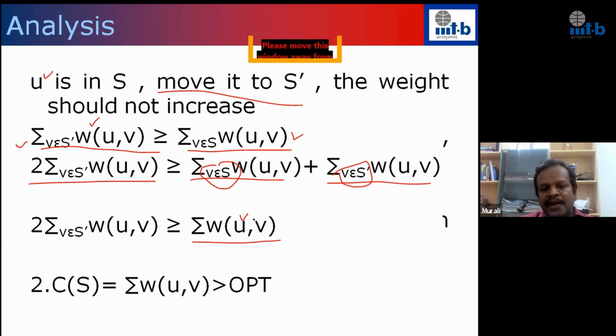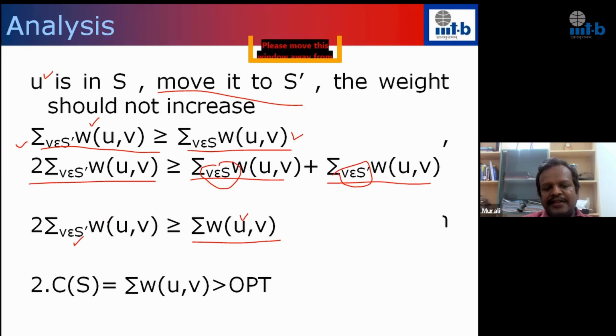So this is true for any vertex which is in S when you try to move it to S dash. The same equation will also be true for every vertex which is in S dash. Whatever I wrote for S here, the same thing can be written for every vertex in S dash.